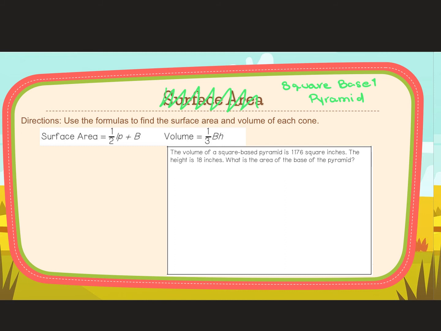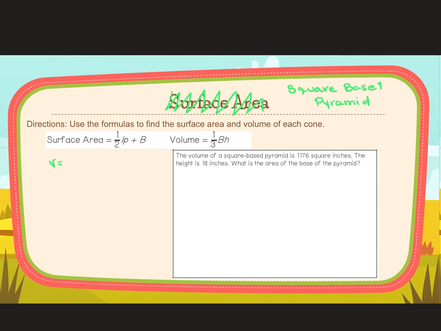All right. So we know that volume is equal to 1/3 base times height. So remember, big B is the area of the base. Here they give us the volume of 1,176. We have 1/3. We're looking for the area of the base, and they give us the height of 18 inches. So we know that 1/3 of 18 is going to be 6.